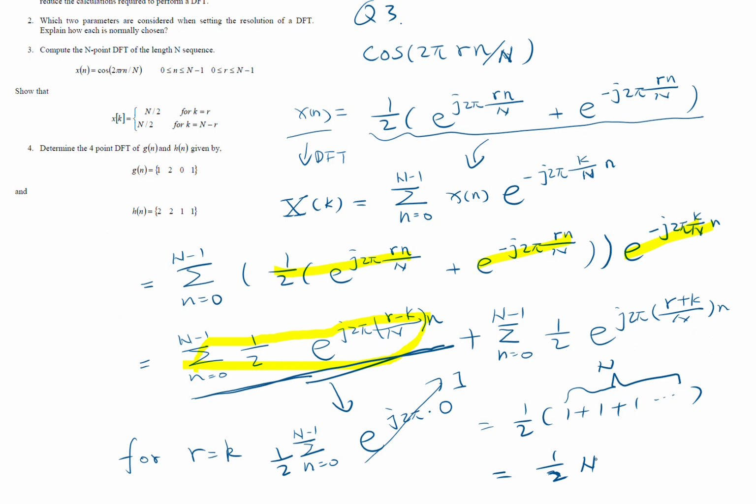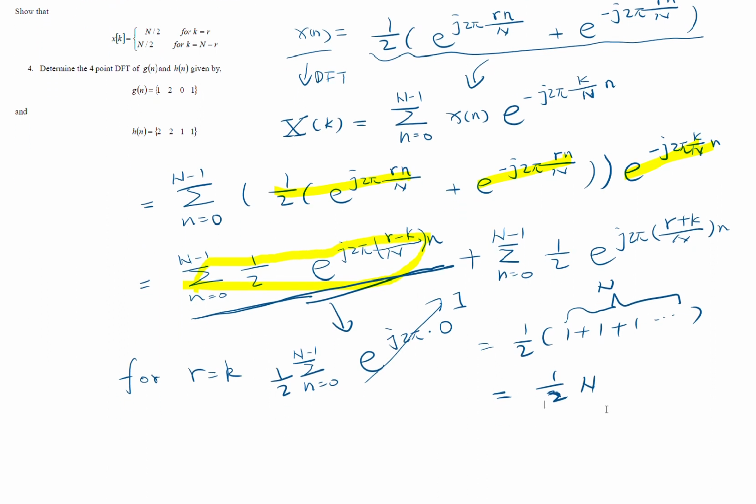Half of N for the first term. Before I go to the second term, I'm only looking at one special case, r equal to k, because we're looping around k, but k can be any number.